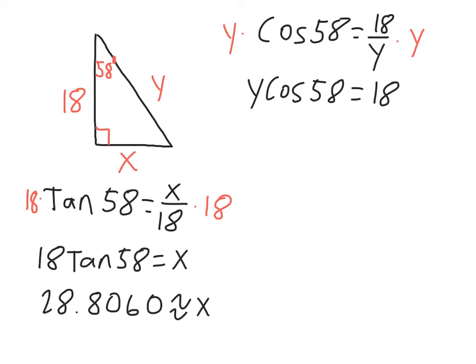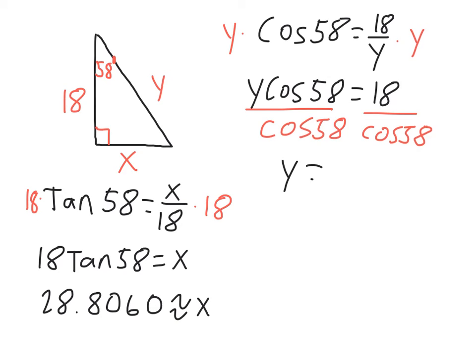Now we need to get y by itself. So we have y times the cosine of 58, so we do the opposite and divide both sides by the cosine of 58. And we'll get y equals 18 divided by the cosine of 58.